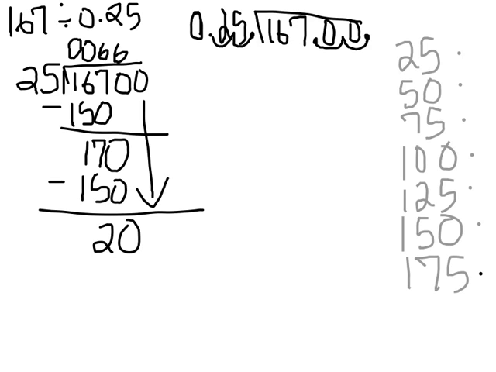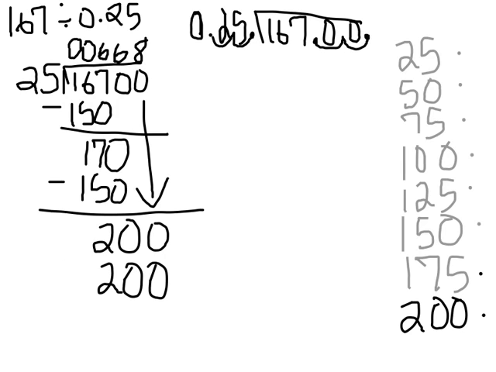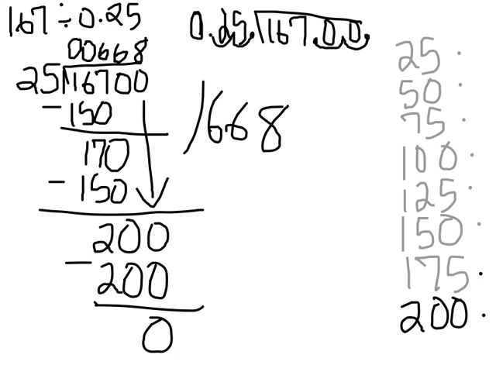So I'm going to do that. 25 does go into 200. Let's go back to our multiples. We stopped at 175. We'll add 1, 200, and that's 1, 2, 3, 4, 5, 6, 7, 8 times. 25 times 8 is 200, so I'm left with 0. So my quotient here is 668.